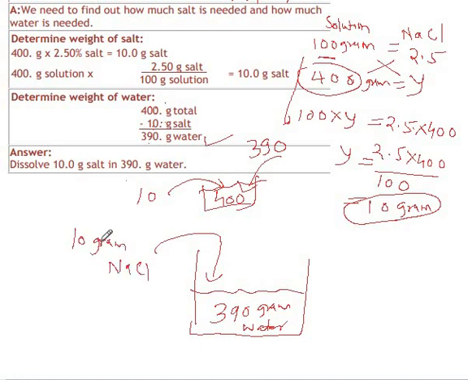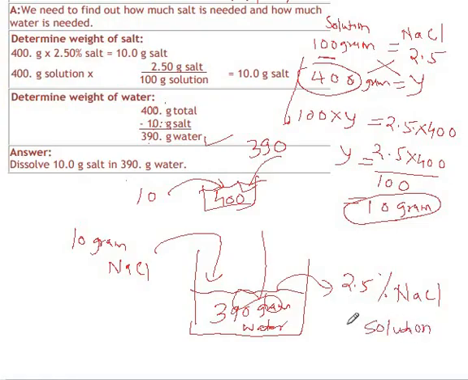When you add 10 gram NaCl, you stir this so that you will get 2.5% NaCl solution in the water.